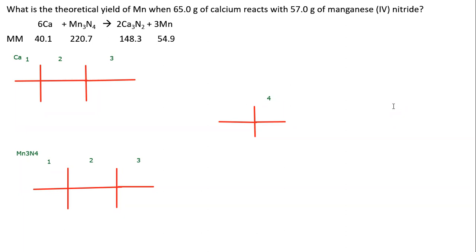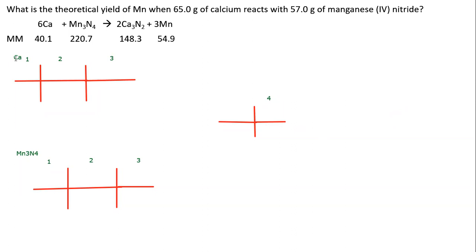identify where to put what pieces of information, I've labeled what you can call train tracks in the different sections. So for calcium and manganese 4 nitride, we have 3 train tracks labeled in 3 sections. And again, I'm going to tell you what goes in each section. And that way it kind of helps you to organize the different pieces of information.